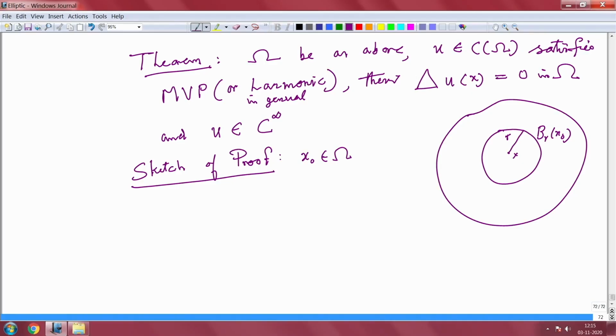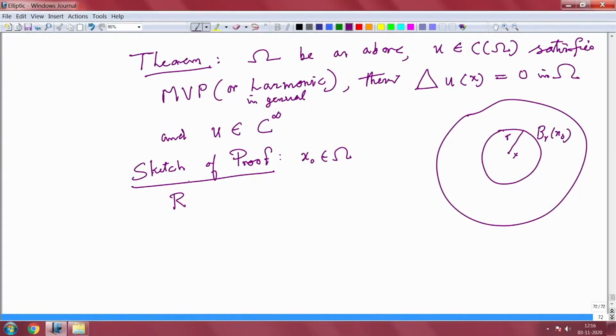So, what we have seen, you recall the Poisson formula for a ball. What does it say? Using the values on the boundary of the ball, you can define the harmonic function inside using just the boundary value. So, in other words, you can solve the classical harmonic function inside the ball using the continuous values.